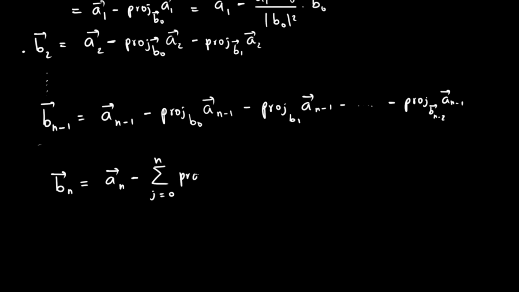The projection of a of n over b of j, a of n onto b of j. Okay. It should be something like this.